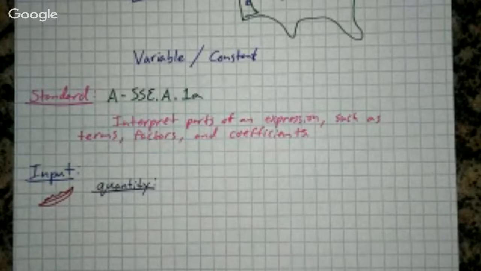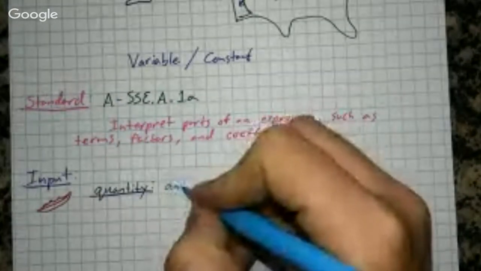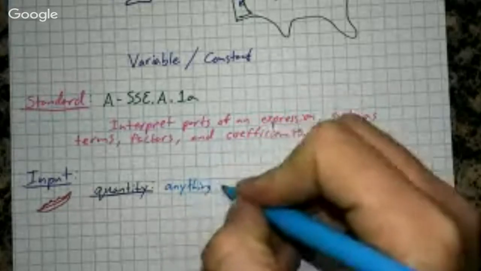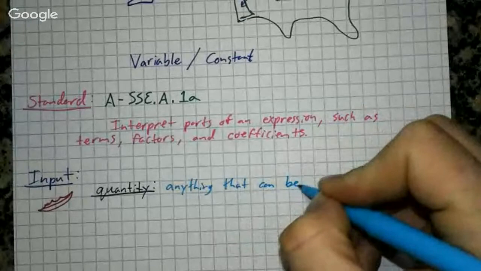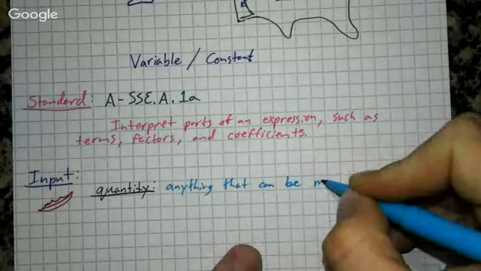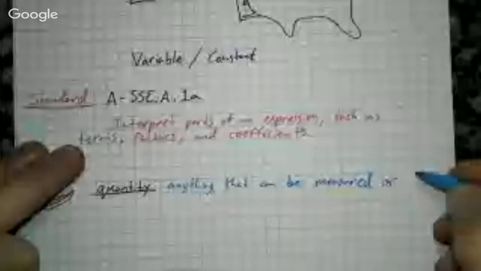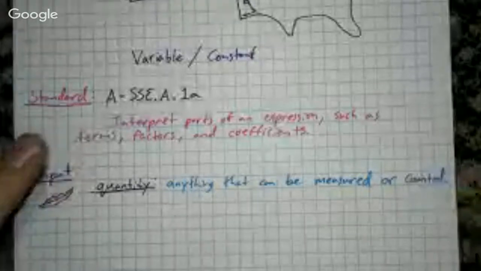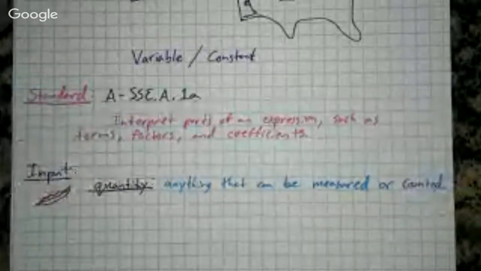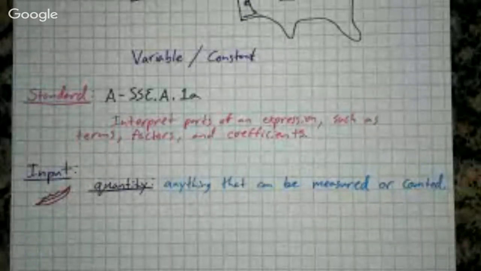Quantity is anything that can be measured or counted. Now that's a lot.